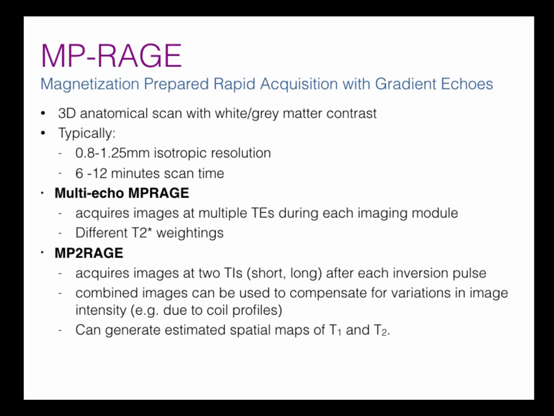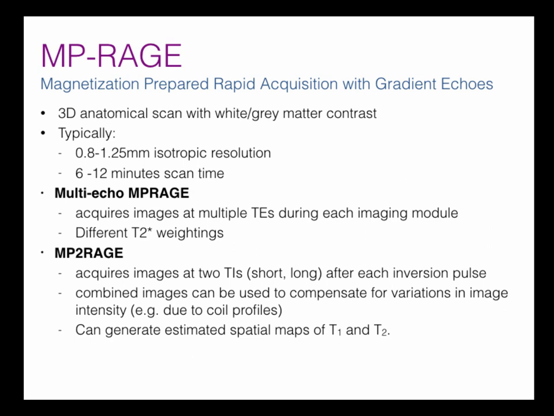The scan times are typically about 5 to 6 minutes, sometimes 10 minutes if you need higher resolution. Typical resolutions would be about 1 millimeter. There are some variations on this. There's a multi-echo MP-RAGE, where you can acquire different TEs during each module.